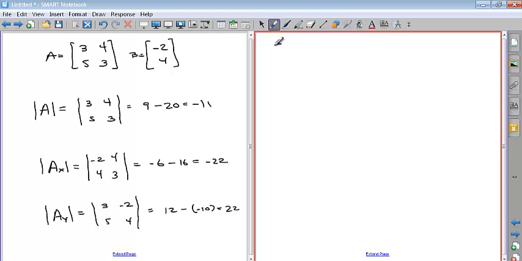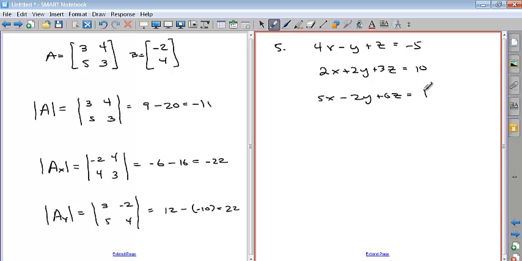Okay, number 5. Similar kind of thing. We have 3 equations and 3 unknowns. Our 3 equations are 4x minus y plus z equals -5, 2x plus 2y plus 3z equals 10, and 5x minus 2y plus 6z is equal to 1.